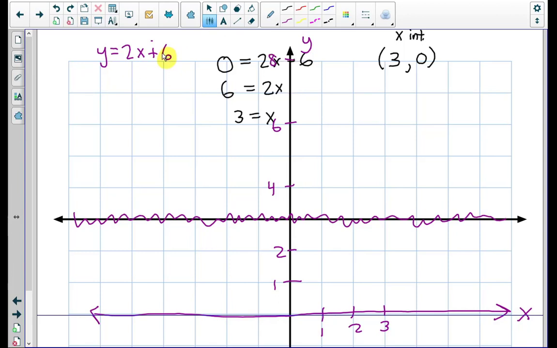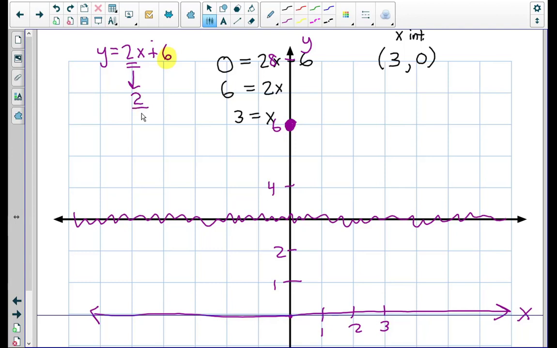So y equals 2x plus 6. We look at the 6 and we go, oh, that's the y value of the y-intercept. So the y-intercept is the ordered pair 0, 6. Where is 0, 6? Well, here's 0, 0, so we go up to 0, 6. There it is. We make a nice big dot. That's one point on my line. We then look at the slope of 2. If it's an integer like this, we convert it to a fraction.